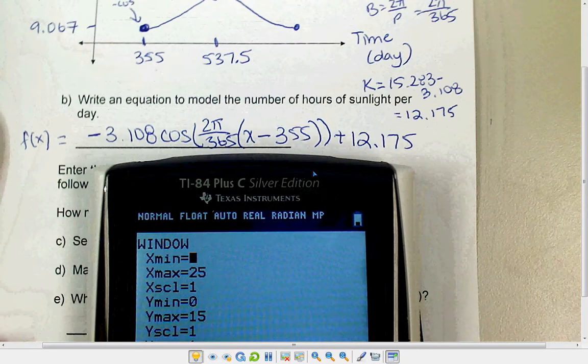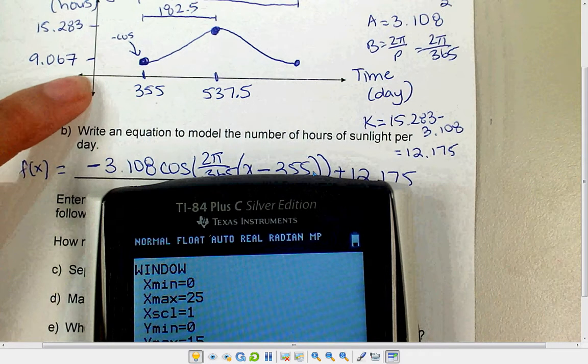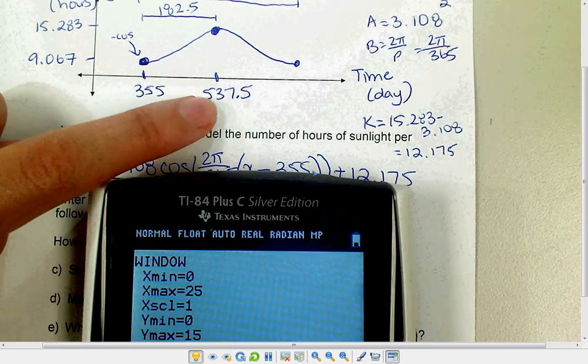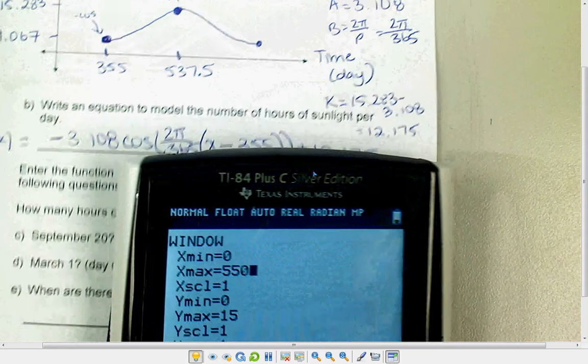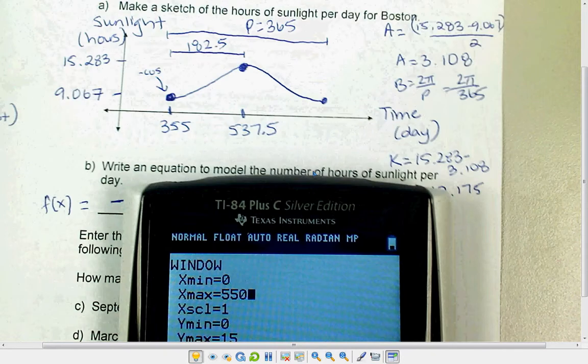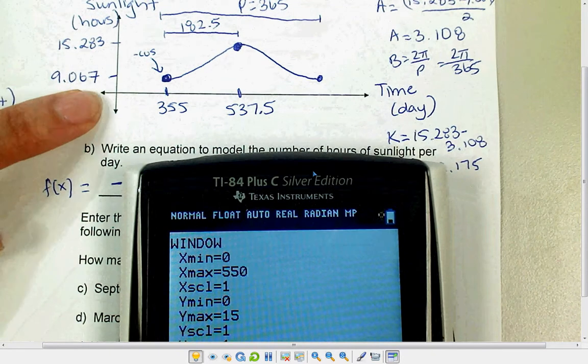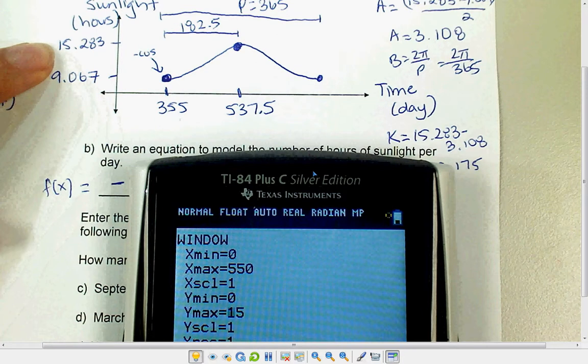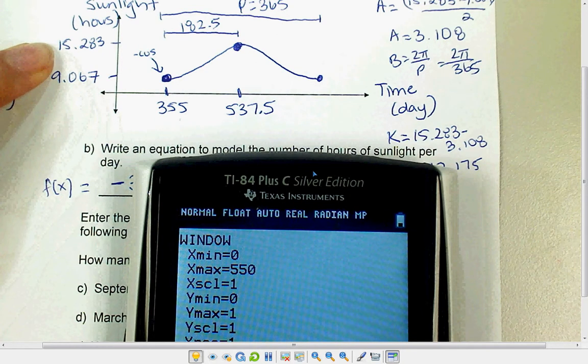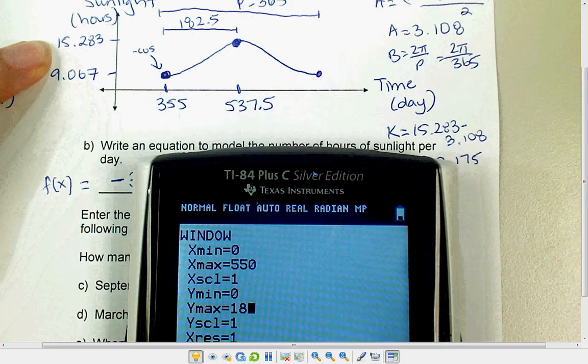For my x min, I'm going to again start at 0, but since my greatest number is 535, I'm going to pick a number bigger than that, so let's just do 550. For my y, I'm going to start at 0 again. I want something bigger than 15.283, so let's say 18. And now let's graph it.